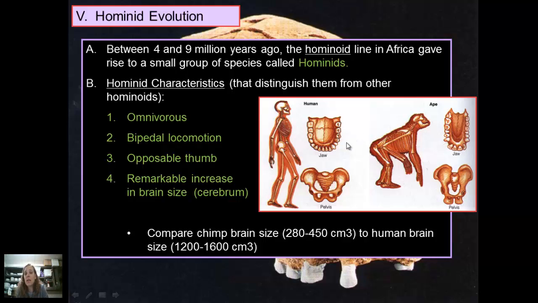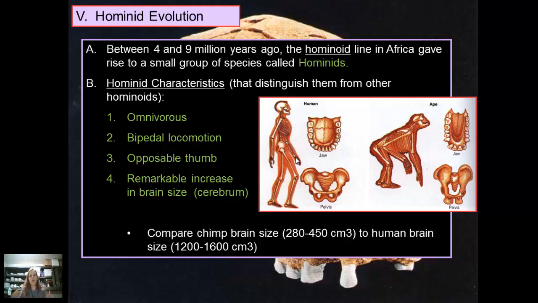What we see in this image is some of the physical characteristics that distinguish modern humans from hominoids such as apes. You can see a change in our jaw size, and also we have a much larger pelvis. This larger pelvis is vitally important because it allows modern humans to give birth to offspring that have much larger cranial capacities, much larger brains.